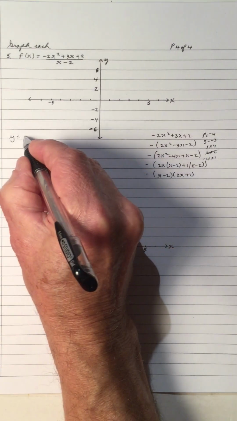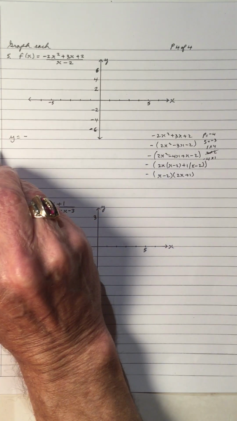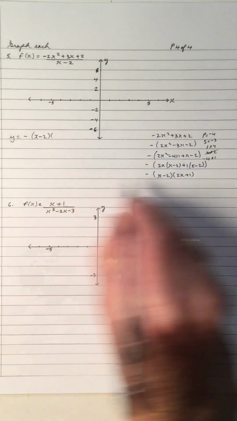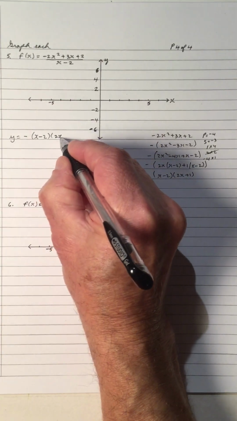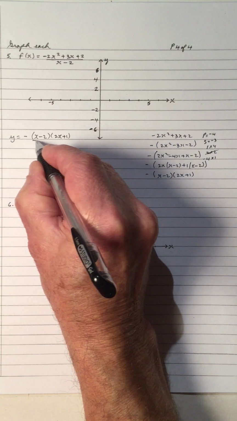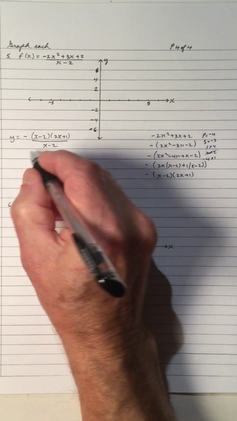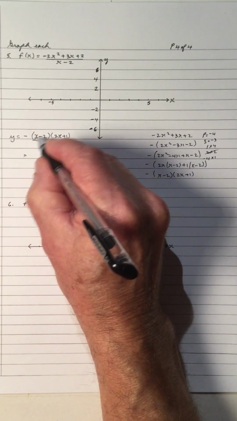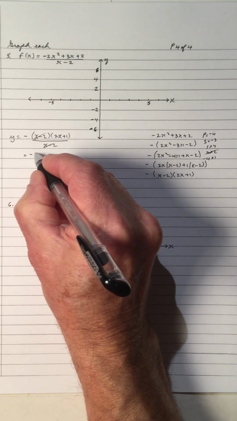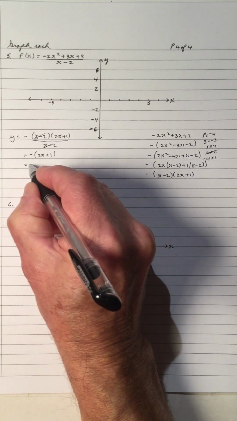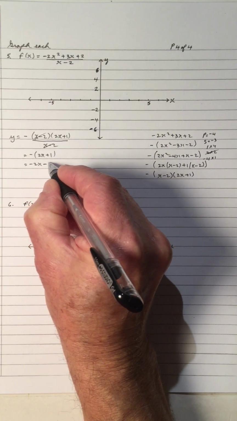So that becomes the negative outside of x minus 2 and 2x plus 1 all over x minus 2. Notice that the x minus 2 is removed, so we have a negative outside of 2x plus 1, which means we have negative 2x minus 1.